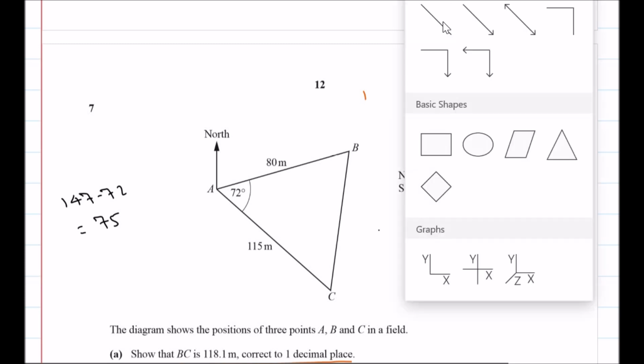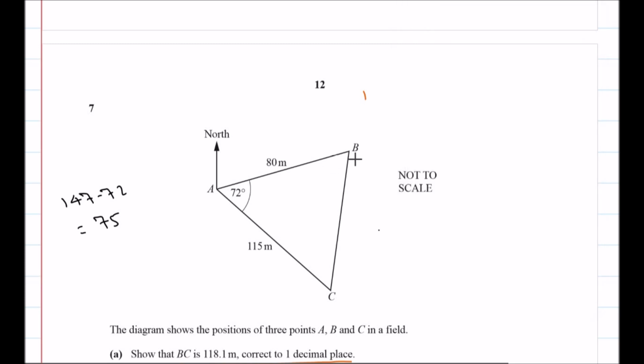So here, shortest distance means it should be perpendicular to AC. Okay. So perpendicular to AC means it should make a 90-degree angle with AC. And we have to find this.